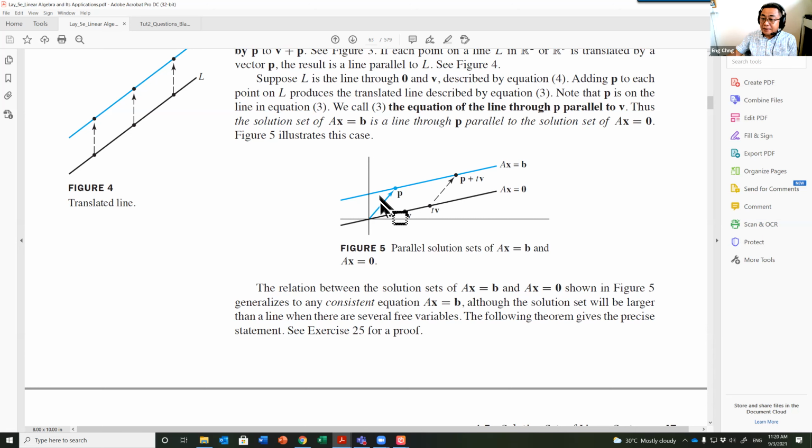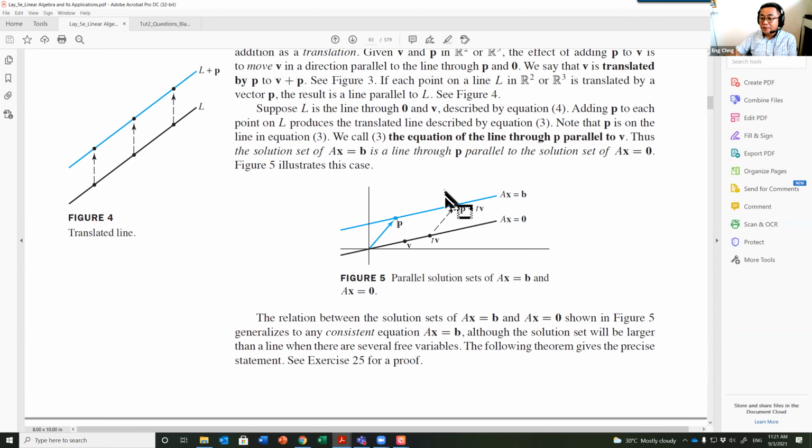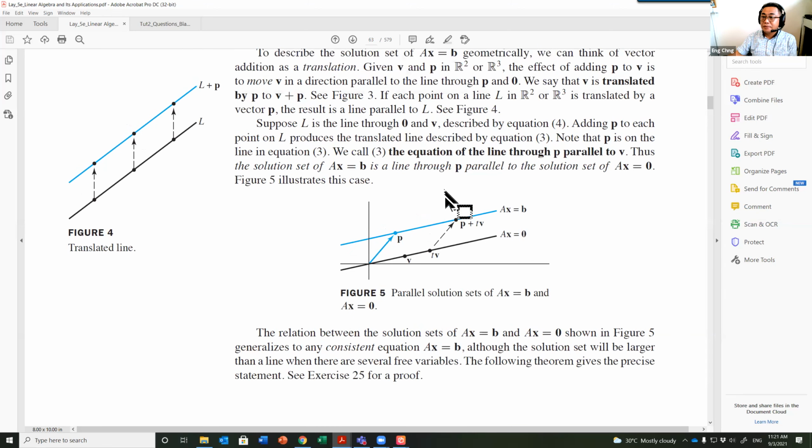A point plus a line gives you that blue line. This blue line is the general solution. This P is a particular solution. This black line is the homogeneous solution. So you have to read this very carefully. That's the geometric interpretation of particular solution, homogeneous solution, and the general solution.